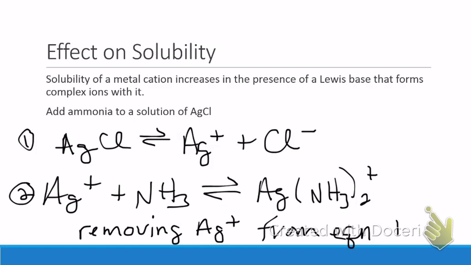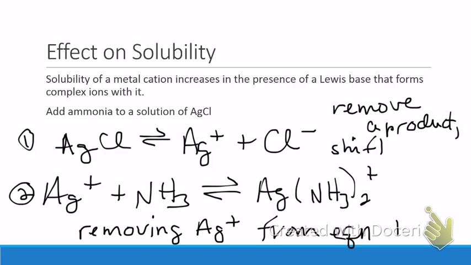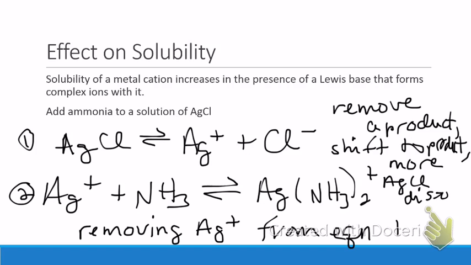And as we know, if we remove a product from a reaction at equilibrium, our reaction will shift to products. And in this case, the products are the dissolved ions, so we will see more of our silver chloride become dissolved.